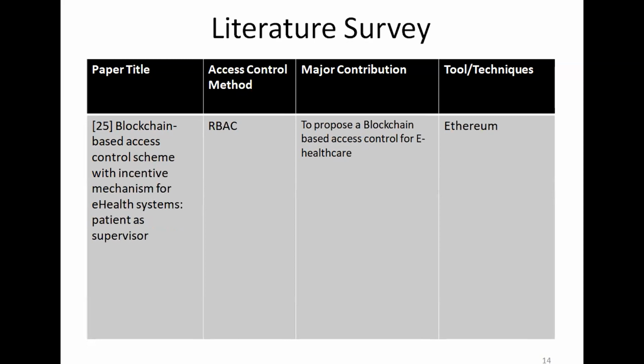In this paper, the author has proposed a blockchain-based access control for the e-healthcare system by applying role-based access control. In the role-based access control, they have generated different roles and different rights for the users, and then it will be applicable for other users.